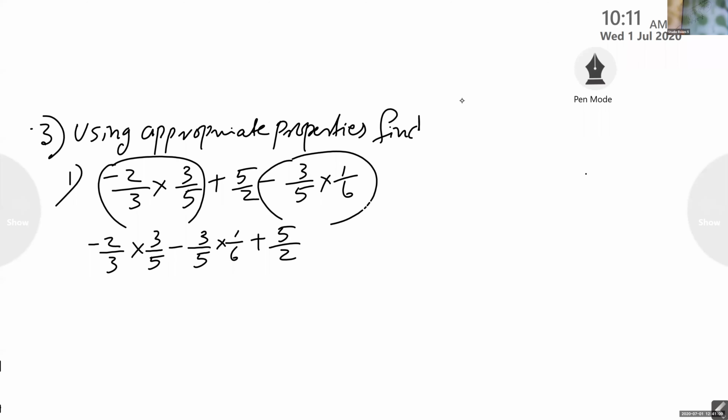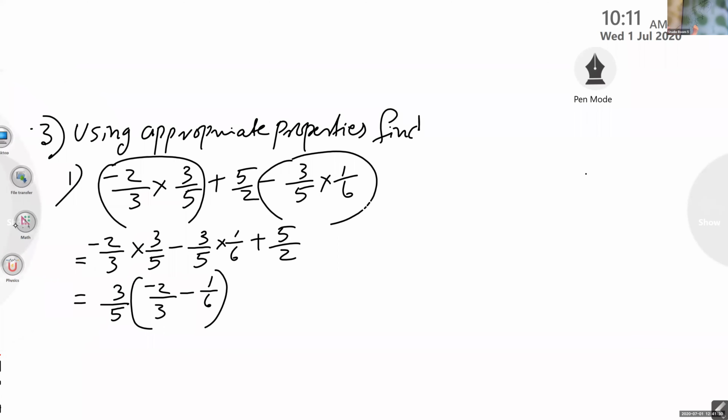Okay. Now, from first term and second term, we are taking 3 by 5 as common factor. Remains negative 2 by 3 minus 1 by 6. Distributive property. This is which property you are using? Distributive property. Plus our 5 by 2.